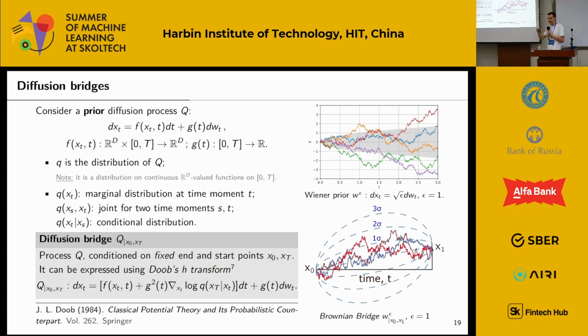So the short story is: you have some diffusion process, and if you want to condition it on particular start and end points, you can do it, and you can even write down a stochastic differential equation for it. Everything is tractable if this additional term is tractable, and it is usually tractable for most stochastic differential equations considered in generative modeling. So roughly speaking, a bridge process is the original process conditioned on two particular start and end points. That's it.